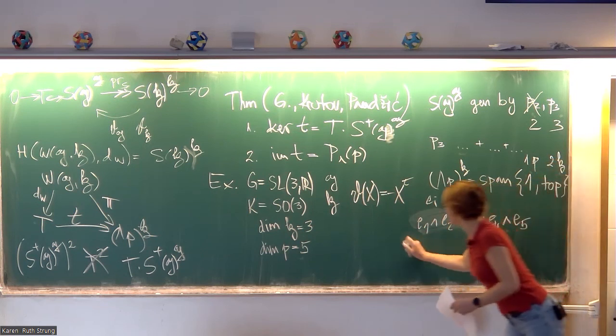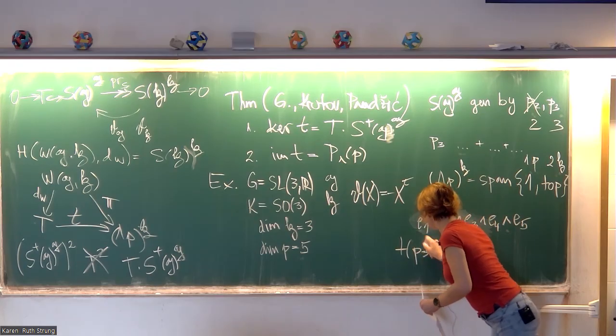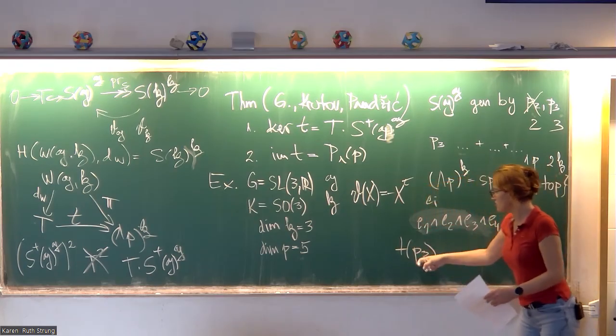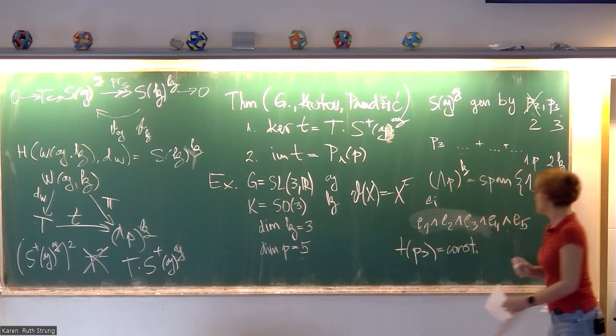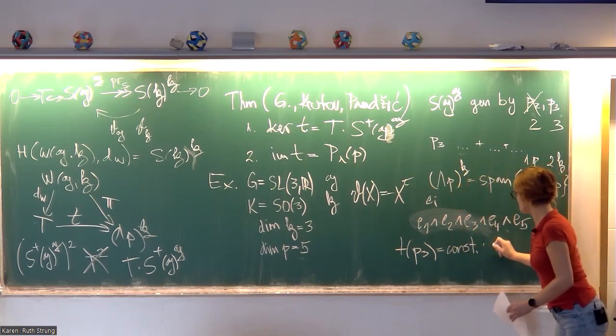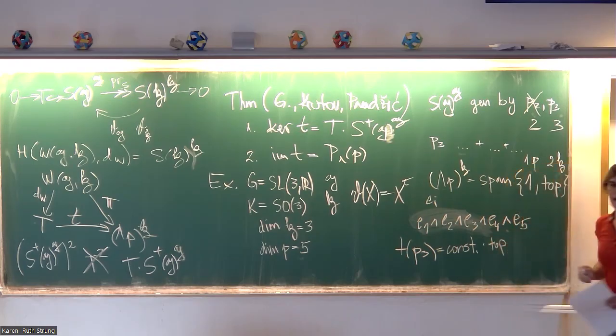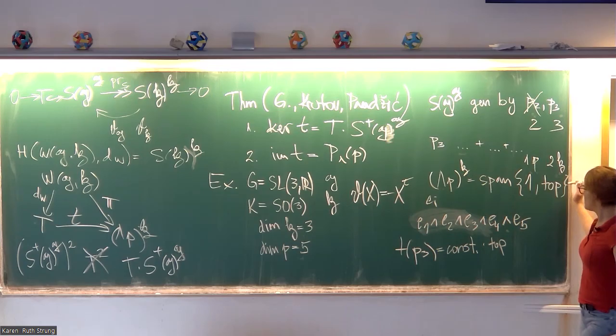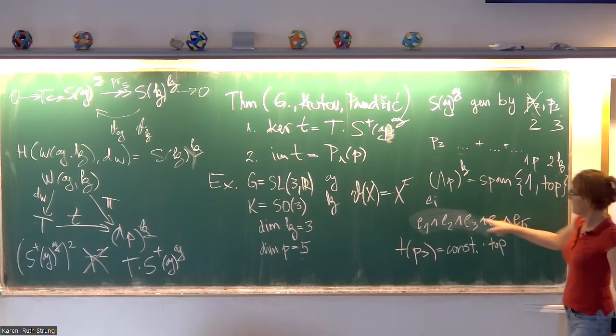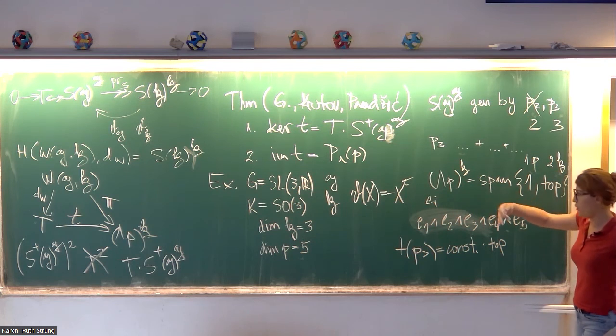Let's just denote this, in case you haven't guessed already. The transgression will send P3 into some constant times the top element. We actually don't know the constant because there is also an explicit formula for the transgression, but that's not very important.